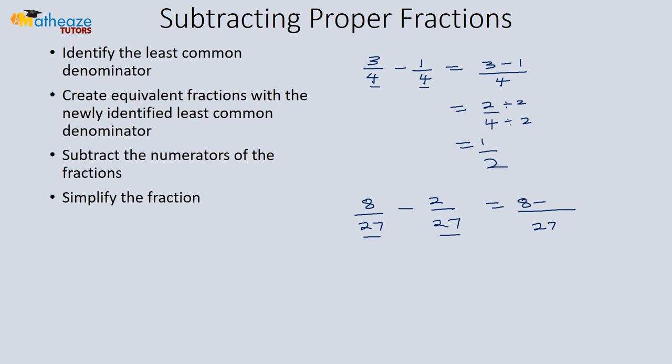So 8 minus 2 gives us 6 over 27. We'll have to see if we can simplify this. We divide this by 3, we divide this by 3, so that gives us 2 over 9.